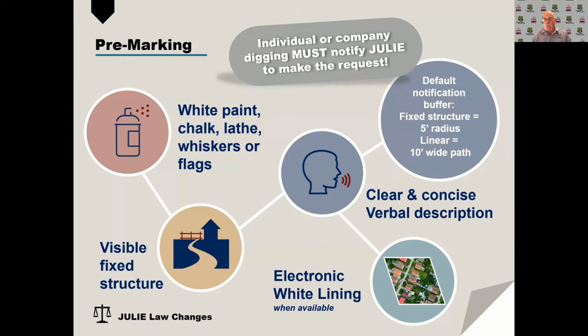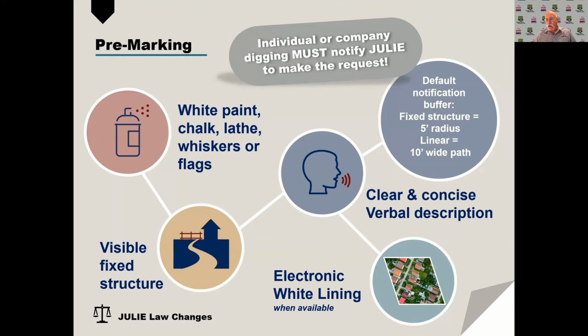If you do not provide physical pre-marks using the white paint, stickers, or flags, the locator responding to that locate request needs to be able to get to the job site, read the ticket, and perform the needed locate and mark for his facilities, without having to make any phone calls to get clarification. So that's the main goal.